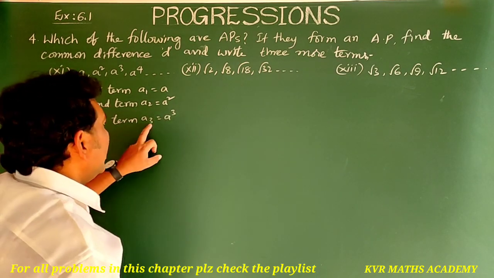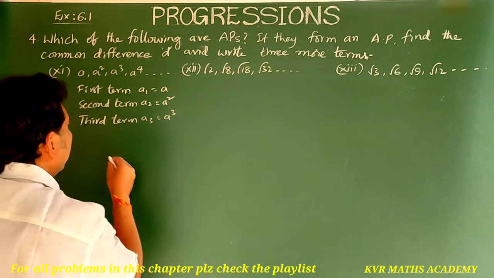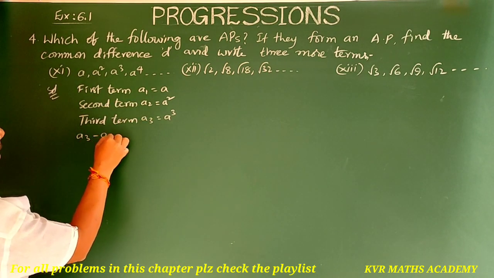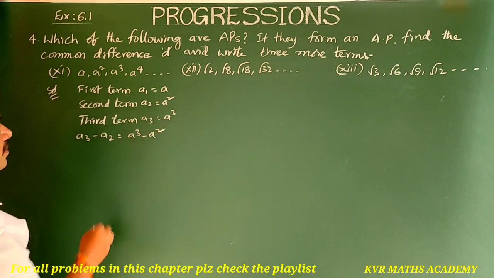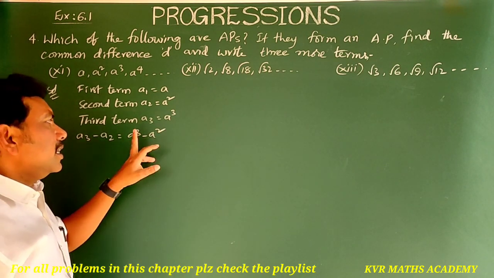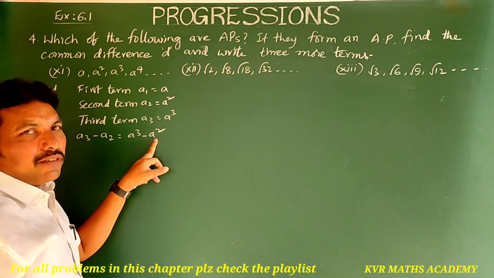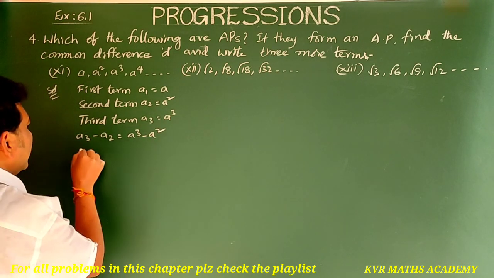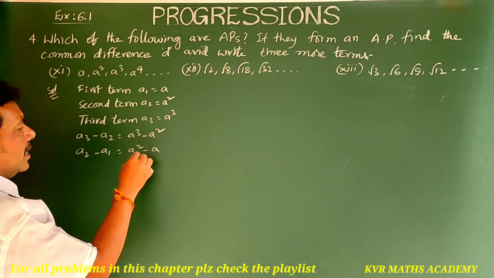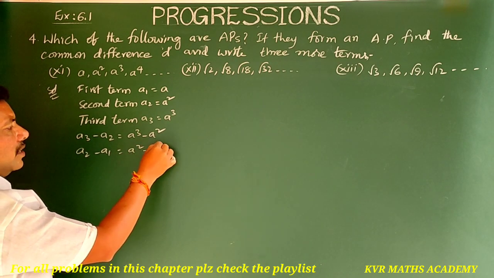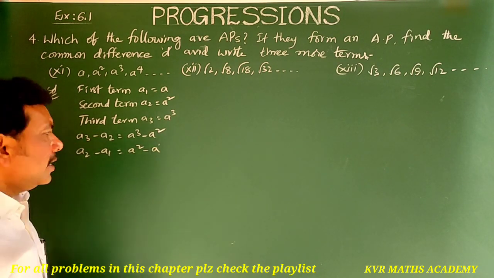Let us find a3 minus a2 and a2 minus a1. a3 minus a2 is equal to a cube minus a square. This is cube term and this is square term, right? Next, a2 minus a1 is equal to a square minus a. This is square term, this is power 1 term, right?